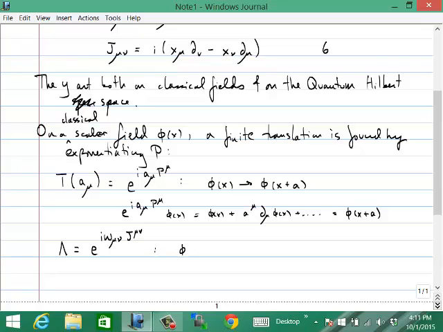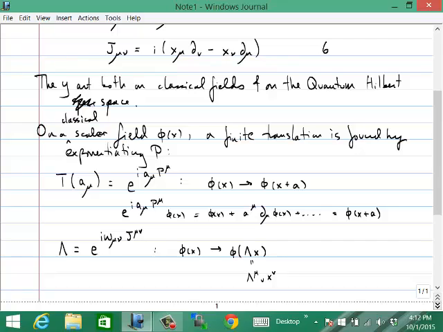And that will take phi at a point x to phi at lambda x, where, to keep the notation compact, I'm not writing out all of the indices on x here. So this is something like lambda mu nu x nu, otherwise known as the action of the matrix lambda on the x coordinates. One of the things that you can show, and I think I'm asking you to show on the next problem set, is just to verify for yourselves that when you exponentiate one of these Lorentz generators, regarded as a differential operator, you really do get the expected Lorentz transformation.